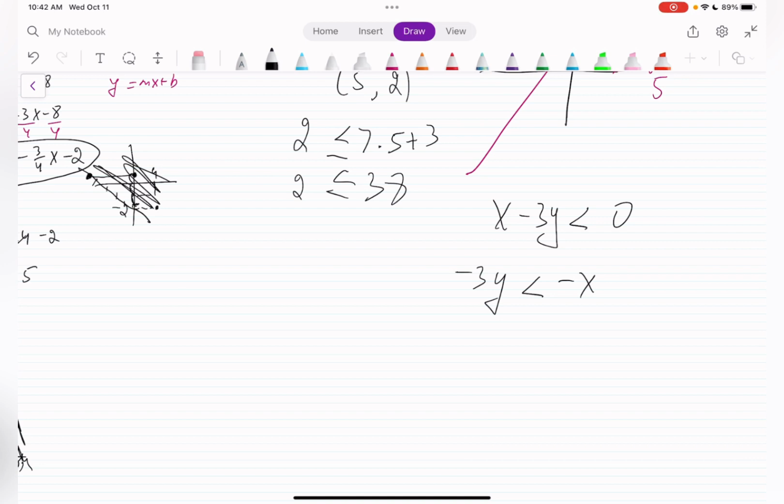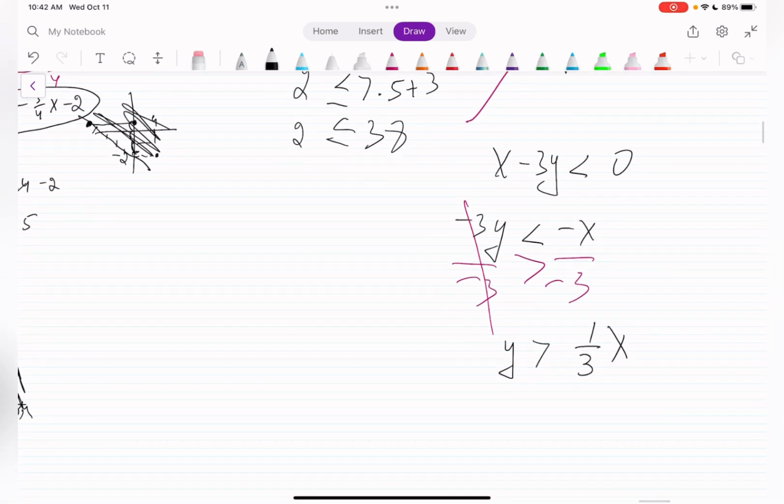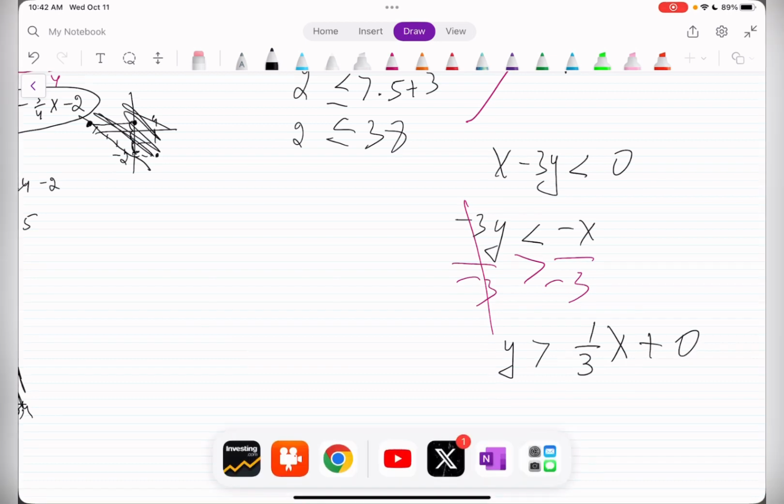Okay. Dividing by -3, this is also going to flip, and we are getting y is greater than positive 1/3 of x, negative by negative, right? So our slope is 1/3, which means the intercept is 0.